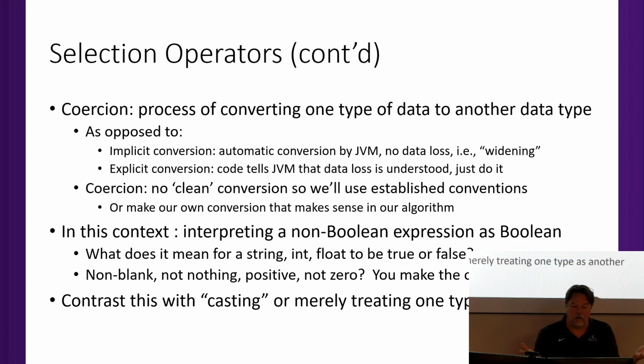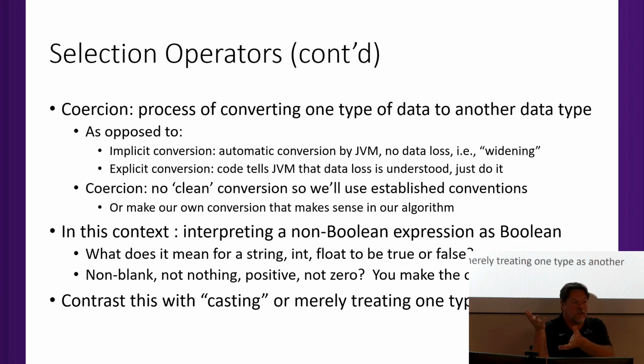Okay, implicit conversion means we're just doing it, we're not making a big deal about it, it just happens. If I have a short variable, and it contains the value 12, and I have another long variable, x, and I say x equals my short value, I don't have to do anything special.